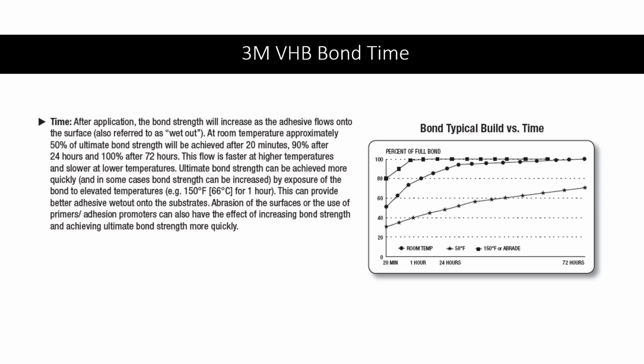The tape can reach this timeline sooner if it's applied at higher temperatures or used with primers and promoters. But if you apply the tape less than room temperature, it'll take longer than 72 hours to reach 100% wet out.